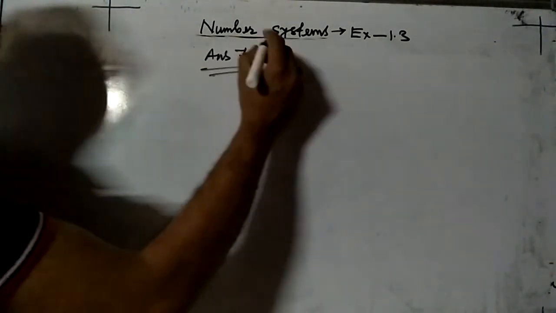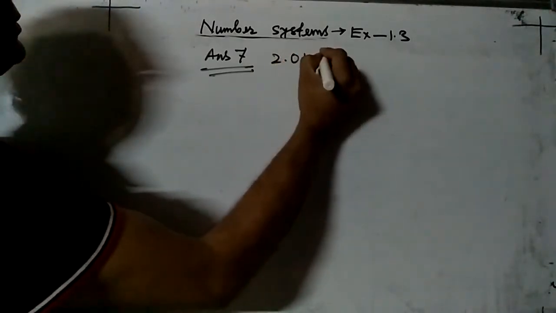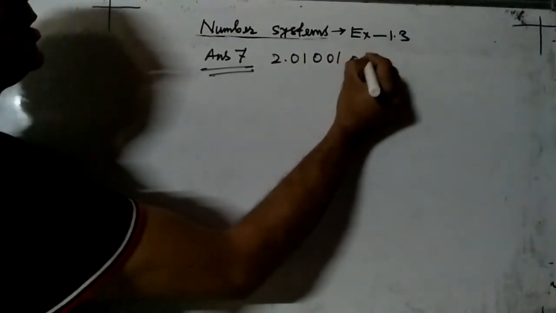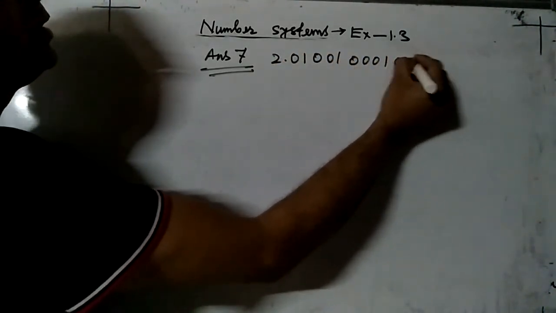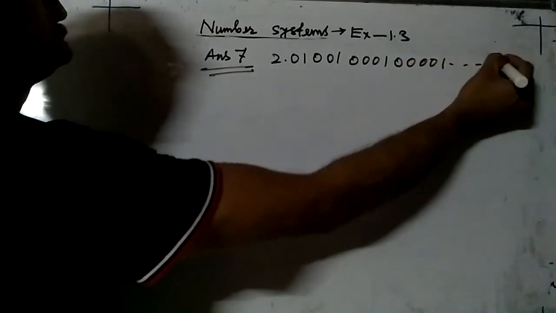I am taking 2.01001 0001 00001, like that.